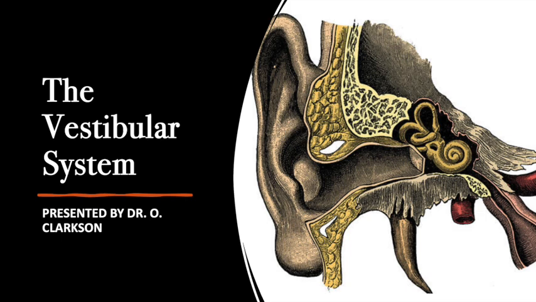If the head is turned to the left, the horizontal semicircular canals, which are fixed in the temporal bone, rotate in the same direction. Due to inertia, the endolymph, the fluid within the semicircular canals, lags in the opposite direction. This increases signaling from the ampulla of the left semicircular canal to the left vestibular nucleus, and decreases signaling from the ampulla of the right semicircular canal to the right vestibular nucleus.